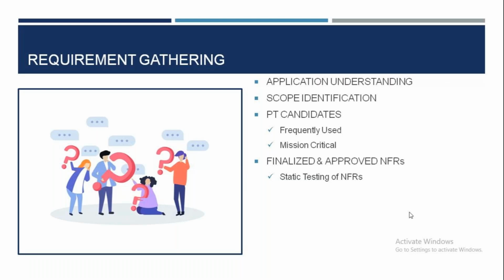Important question, right? These NFRs will be given to you by the business analysts. And always remember that the NFRs which are being given to you should be finalized and approved.